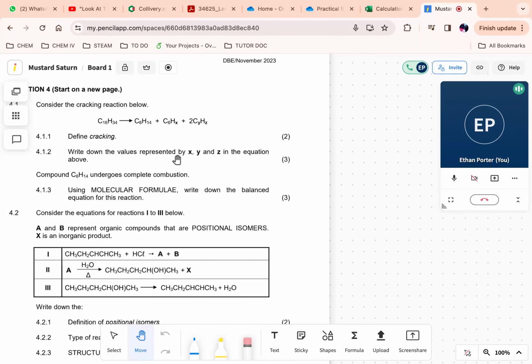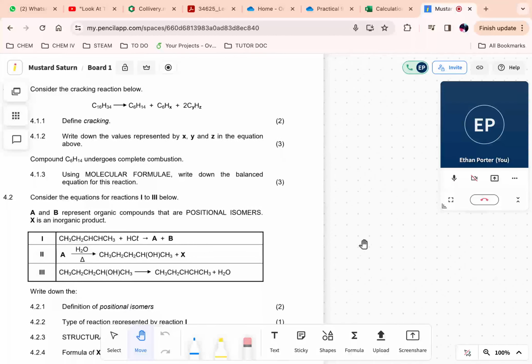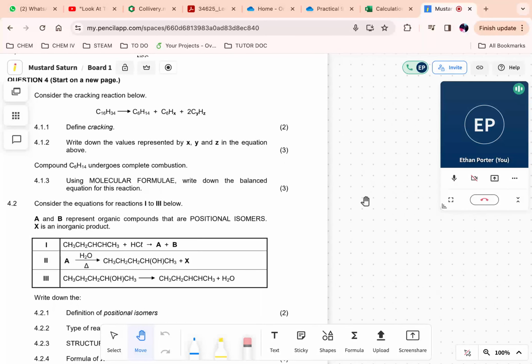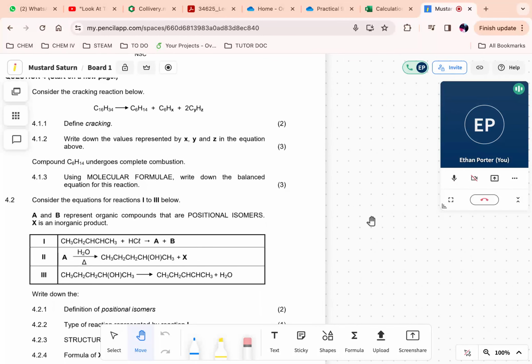The next thing is write down the values of x, y, and z in the equation. So let's try and balance this. Let's start off with x. Let's assume this molecule is an alkane.